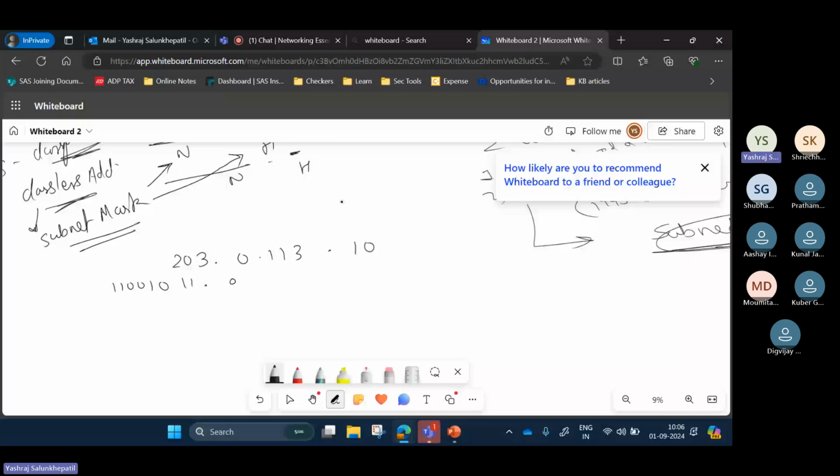For 113, 128 won't fit, so 0, then 1, 1: 64, 32, that's 96, plus 16 is 112, and then we have just 1. And this is 1010. Everybody knows how I got this, right? Everybody knows binary वाला. ठीक है. अगर नहीं पता है तो अभी पूछ लो. We won't go ahead without that explanation.